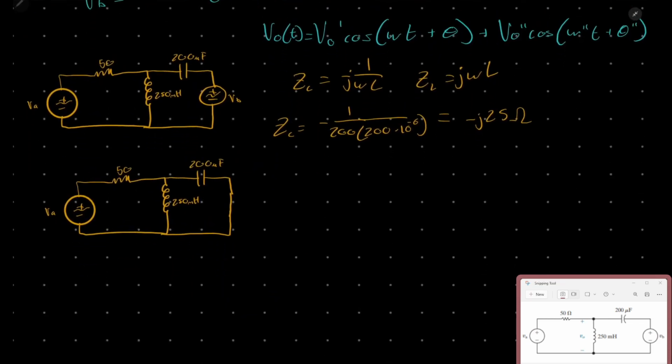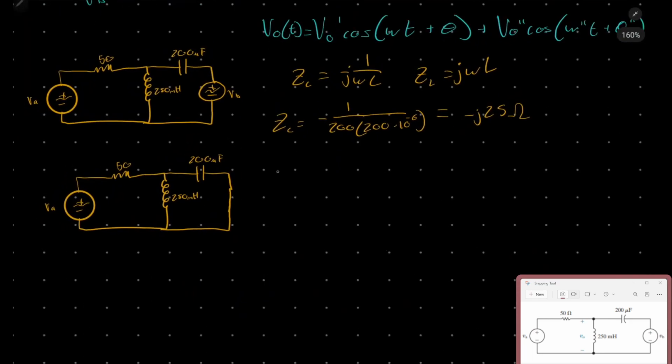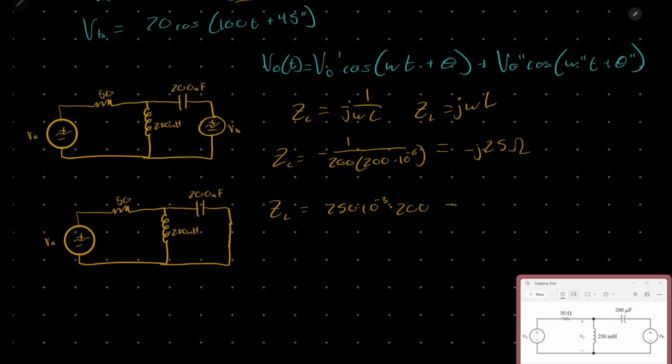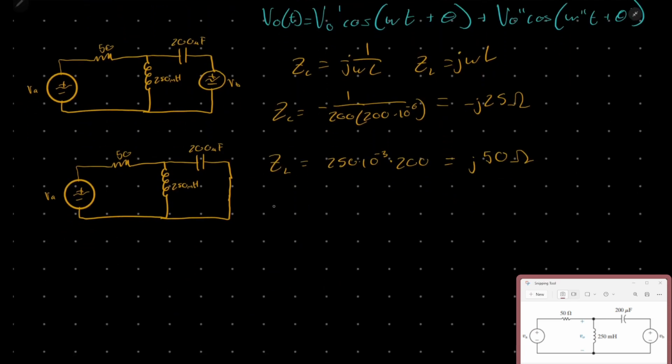Now we'll do the impedance for the inductor, which is going to be 250 times 10 to the negative 3 times 200. When we do that in our calculator, we get 50, so it'll be J50 ohms. And for a resistor, the impedance is simply equal to the resistance, 50.